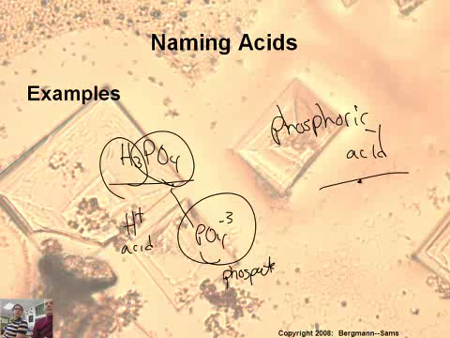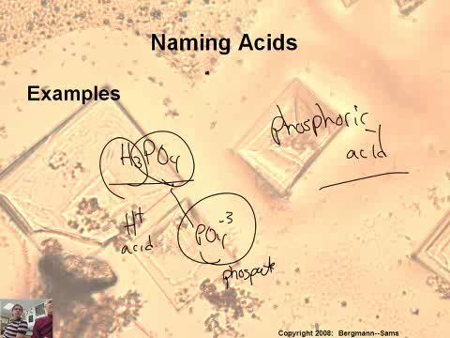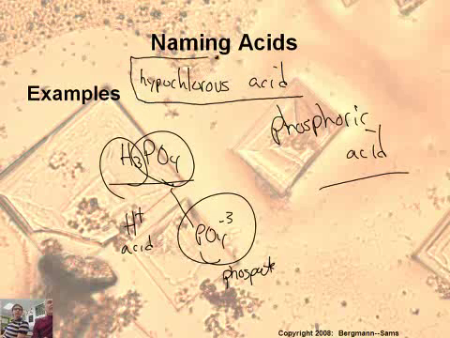We should probably do the other direction. What if I have a name? Let's pick one. How about hypochlorous acid? We want to find the formula of hypochlorous acid.